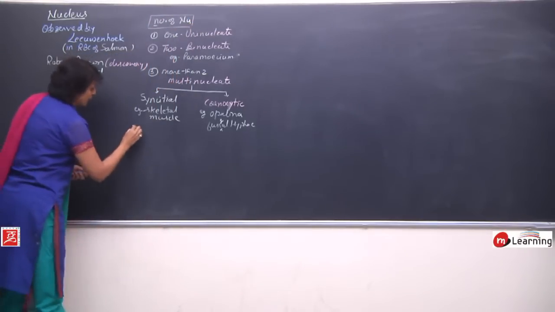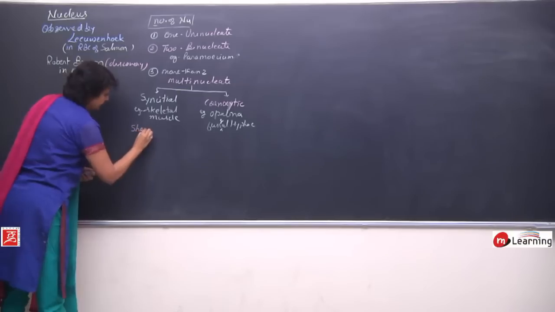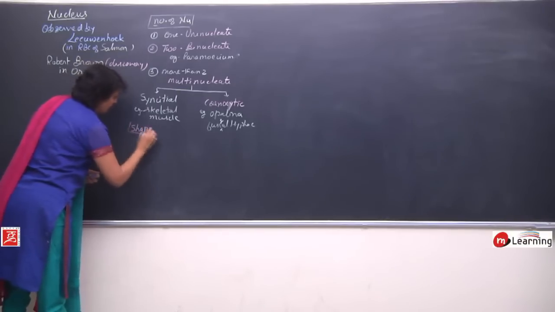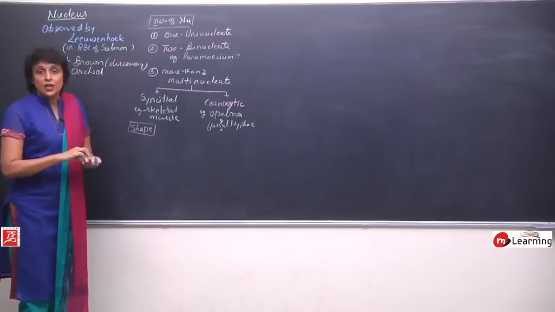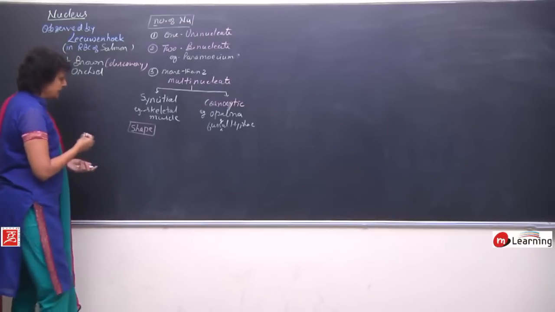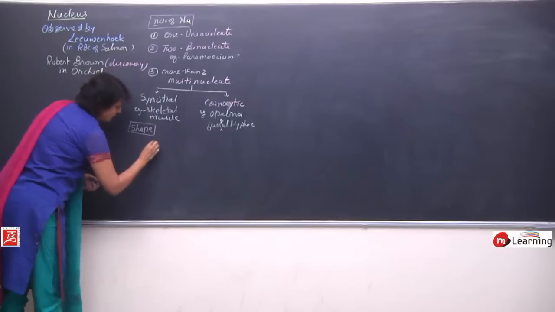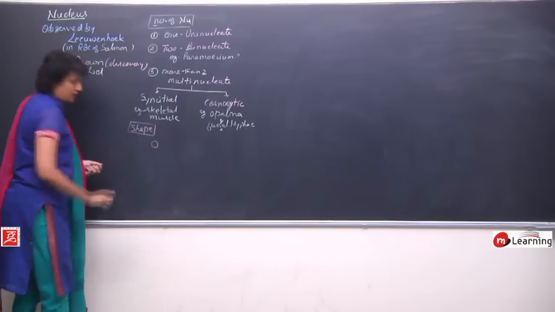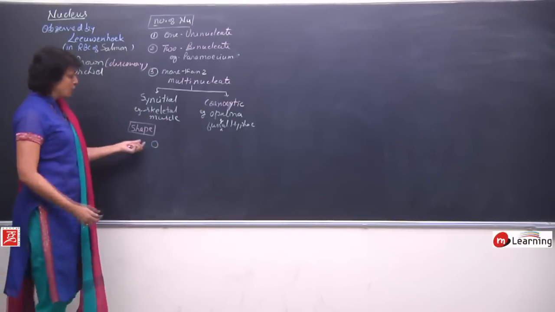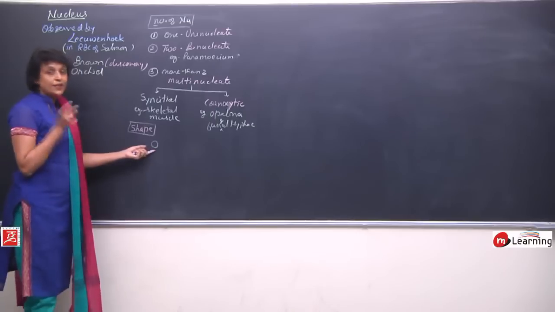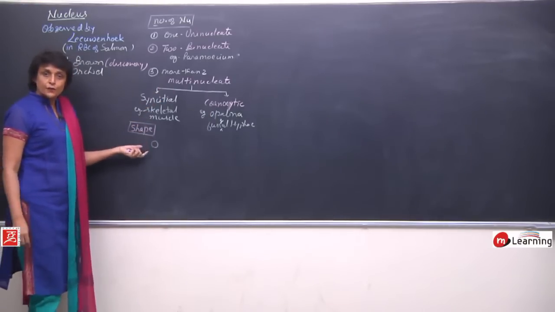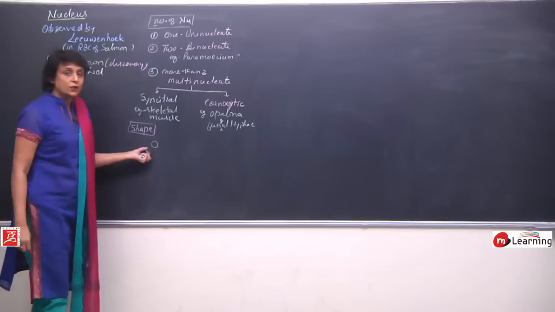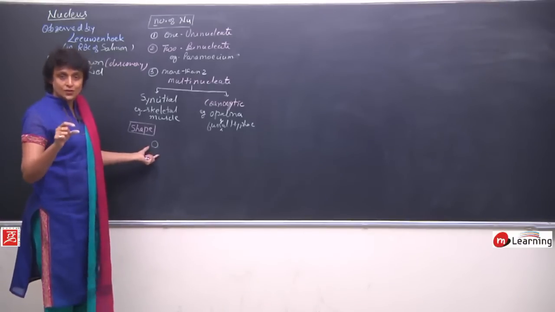Let us talk about the shapes. What is the shape of the nucleus? There are various shapes which we have detected. One is a simple spherical, round nucleus which we normally draw. Now here we are drawing a complete wall, but when we see the structure of nucleus in few minutes, we will see that the wall is not complete, it is porous.